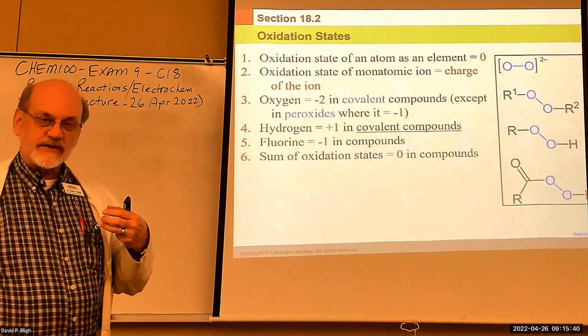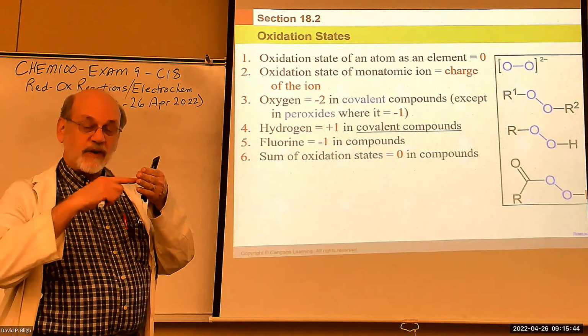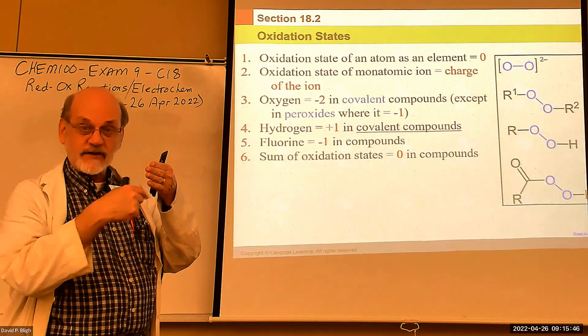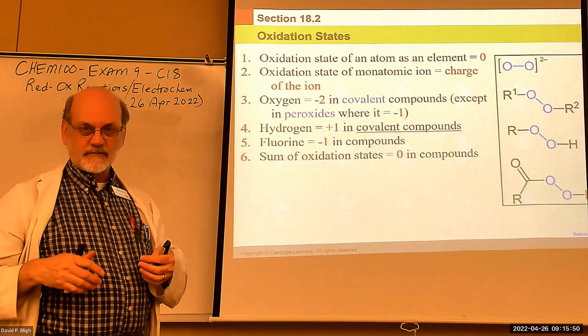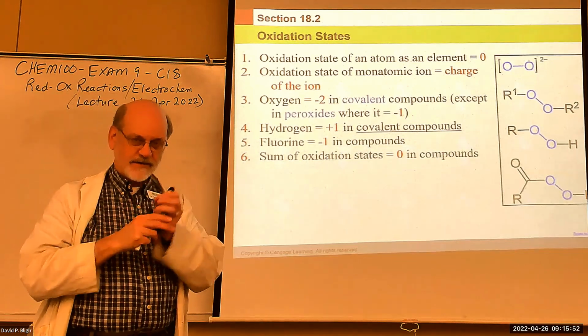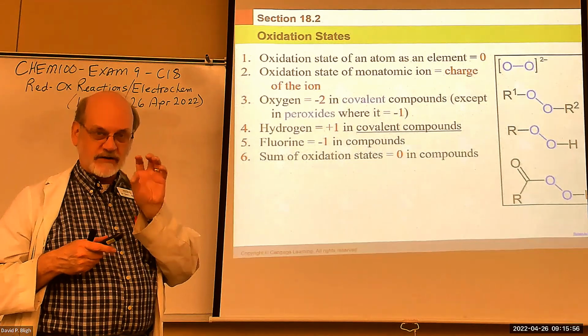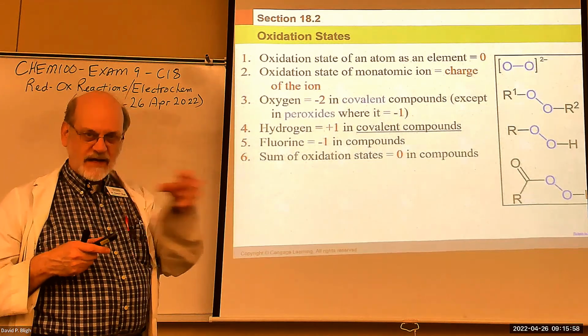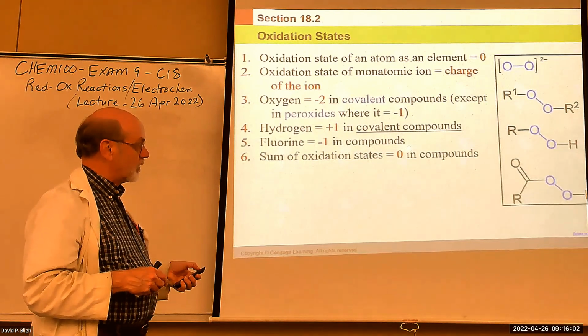So if you have an oxidation state on an element, and there is more than one of that element, you have to multiply that oxidation state times the number of atoms before you can add them together with the others. Each symbol has its own oxidation state. If they're multiples, you have to multiply by the number of them. And when you add them all up, they have to equal 0.